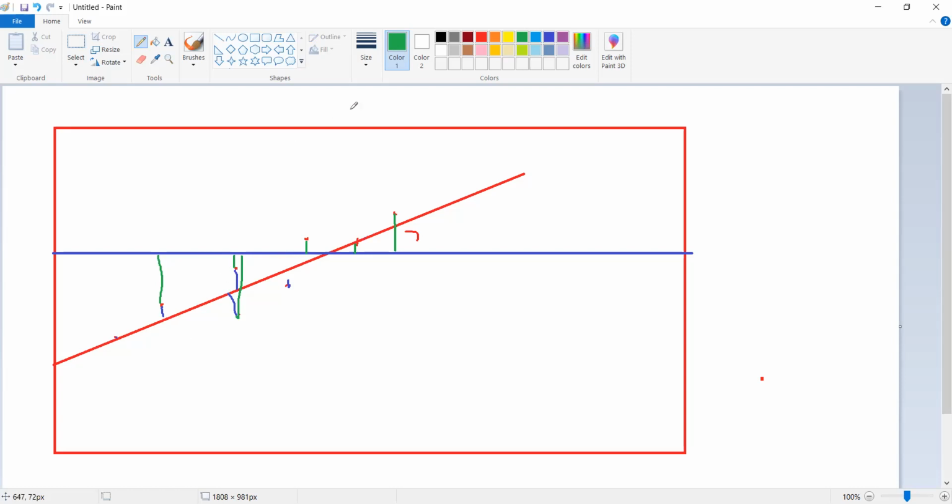Even if you take something closer to the red line, this green line will have higher error than the red line. Obviously, because the definition itself says that the red line is the line with the least error. If the red line has the least error, any other line will have higher error, yes or no?